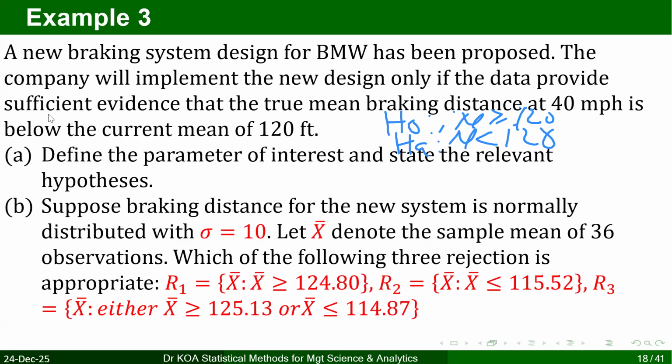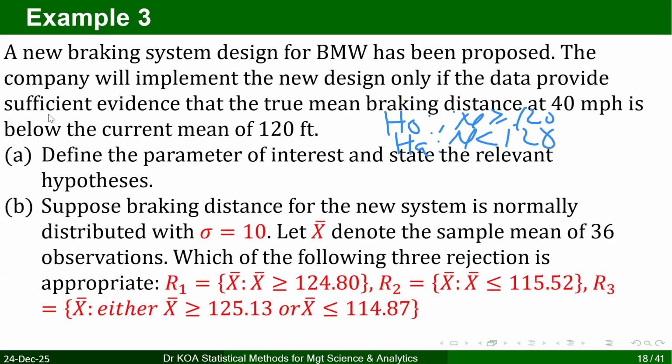And then the alternative means what? That it's good, that it's doing its preferred job. It's better. And better here means that it has a shorter braking distance. Exactly. That's what it means.